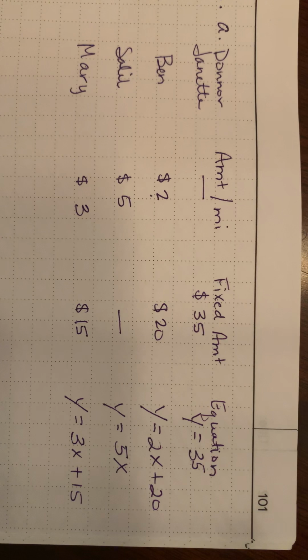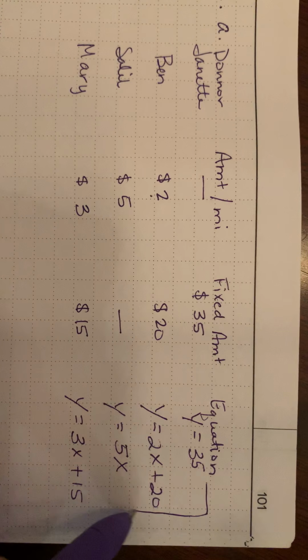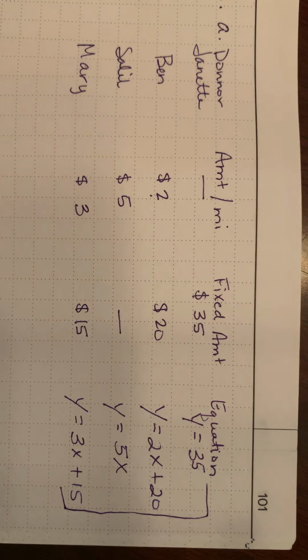And then B says, write an equation giving the total amount of money Y you will raise from the donors on your street if you walk X miles. Okay, so the total money would be if we add all of these together.